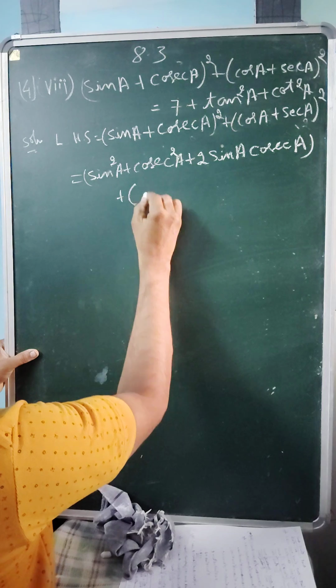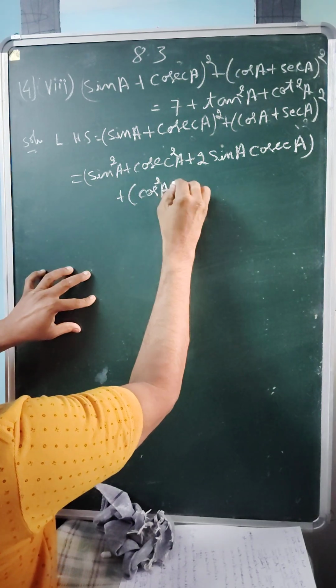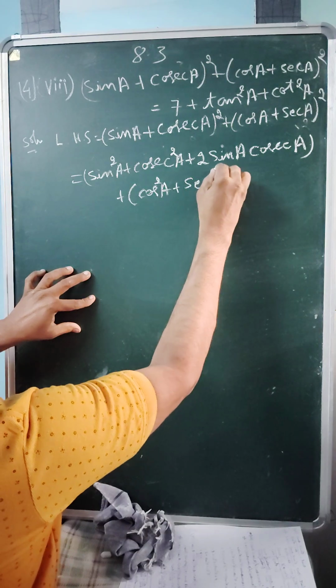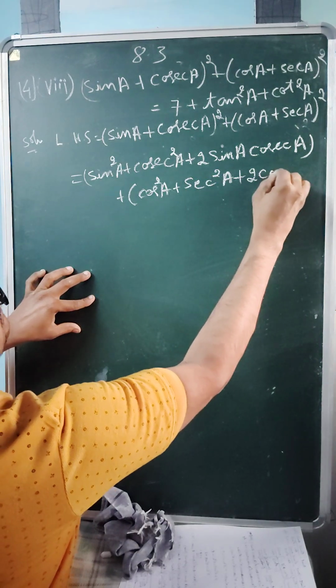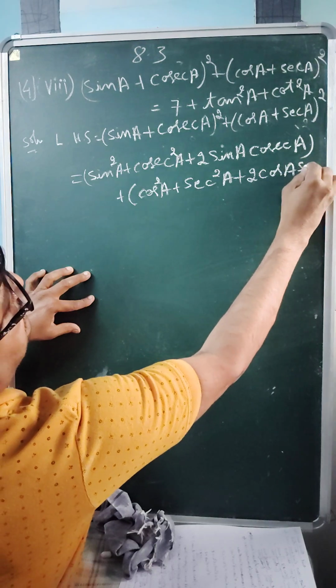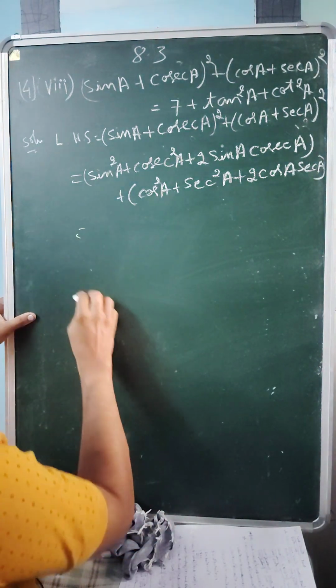Then plus cos A plus cosec... plus cos square A plus secant square A plus 2 cos A secant A. This is the second value.